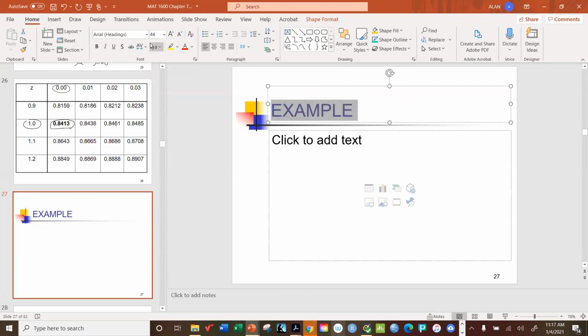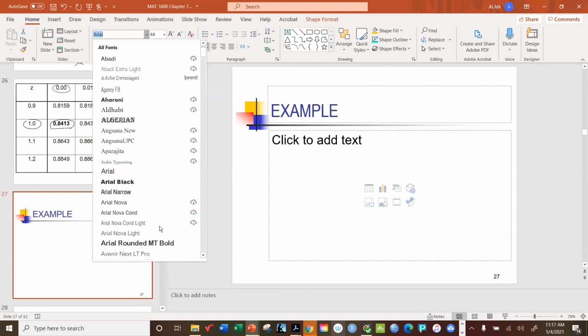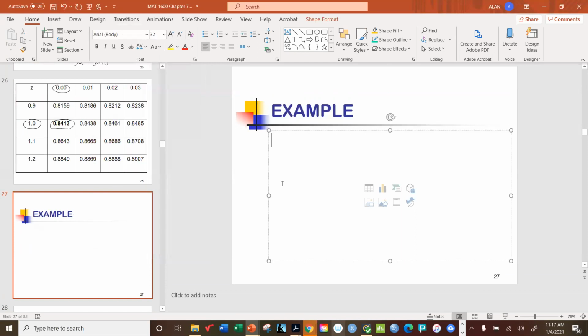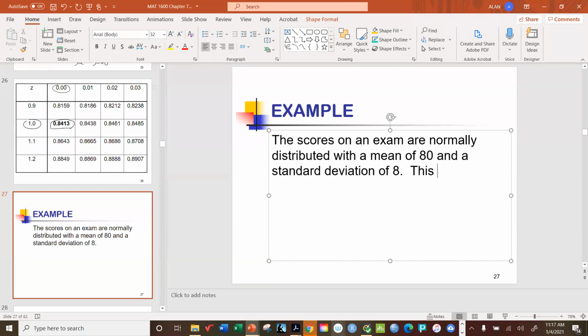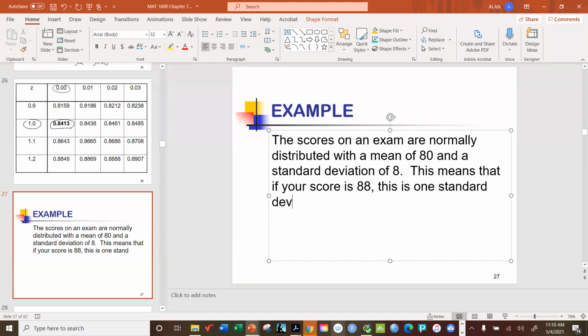Just imagine there's an exam which has scores that are normally distributed with a mean of, let's say, 80 and a standard deviation of, let's say, 8. So this means that if your score is 88, this is 1 standard deviation above the mean.